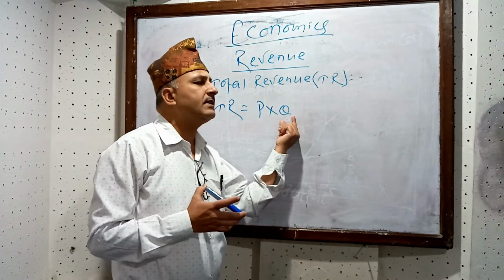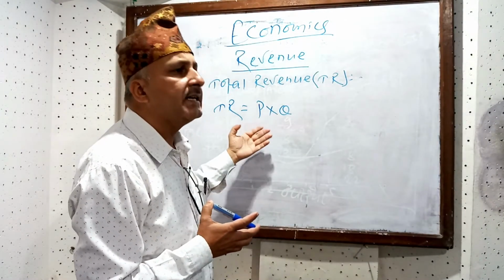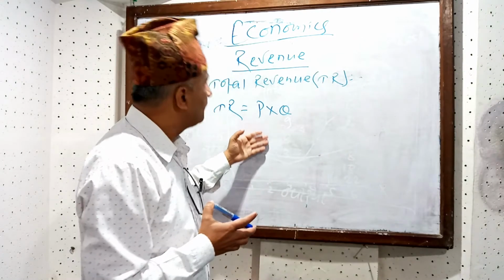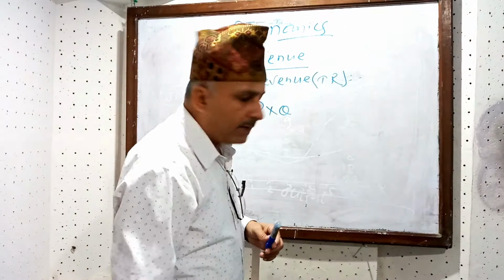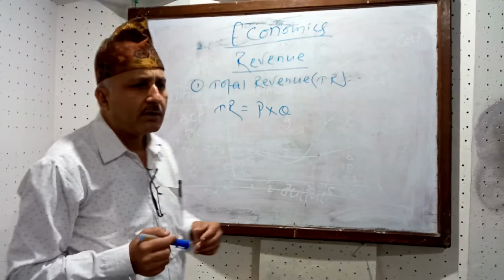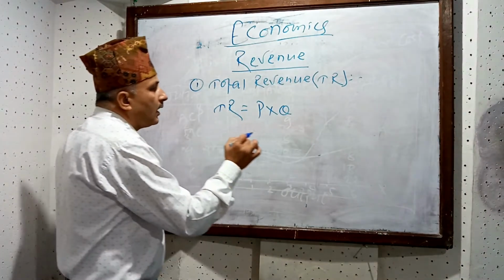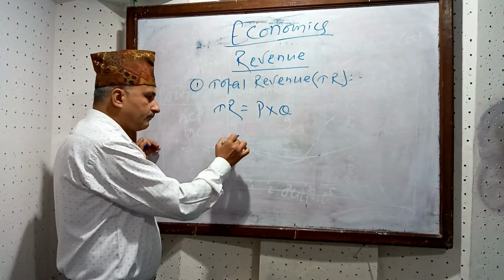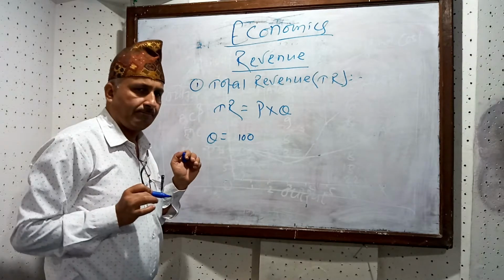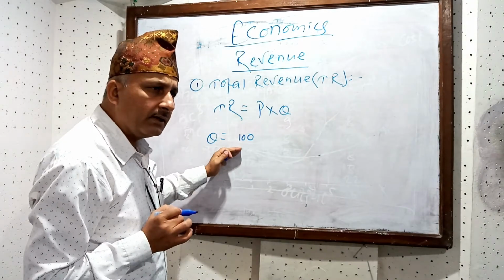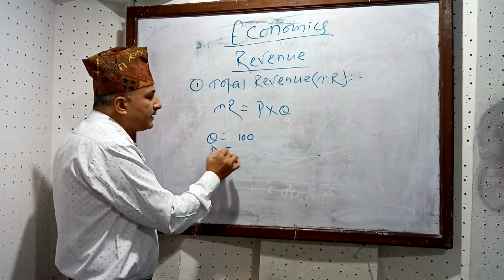Now if it is multiplied by the current per unit price of that commodity, then we can have the amount of total revenue. Now suppose there is a producer, and that producer sells 100 units of something, that is Q is equal to 100, in a market at the per unit price of 5.